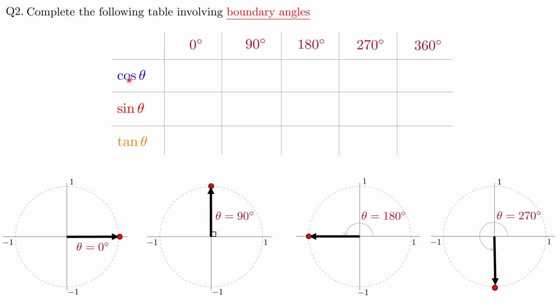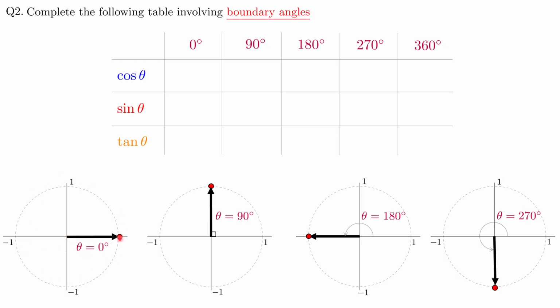What does cosine actually calculate? Cosine gives us the x-coordinate of the point that the arrow is pointing towards. And the angle being 0 means the arrow is just completely flat. And remember, we're also sitting on a unit circle, so this length is 1.